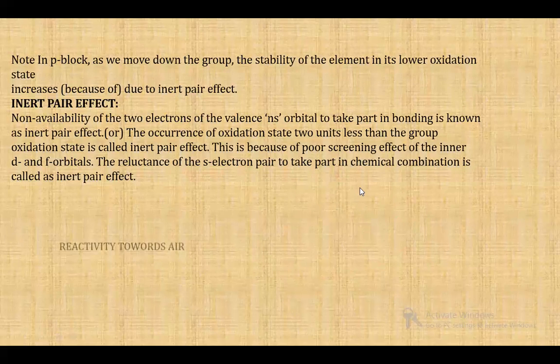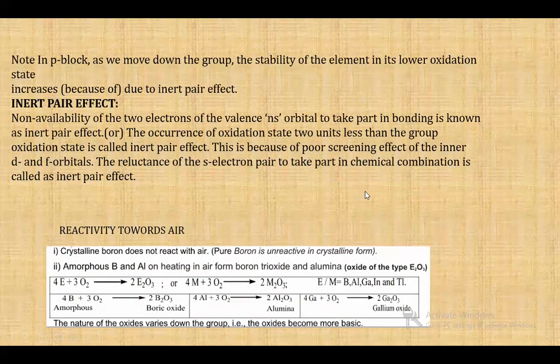Okay, next, reactivity towards air. We were discussing in the previous class how the group elements react with air or oxygen. We are not writing M for metal, because metal, non-metal or metalloid may be present, so we will use the symbol E. Element E reacting with oxygen forms an E2O3 type oxide. Boron reacts with oxygen to form B2O3, boron trioxide, not triboric oxide.